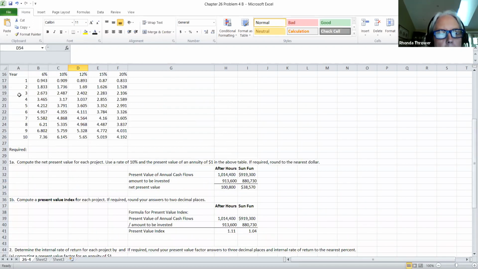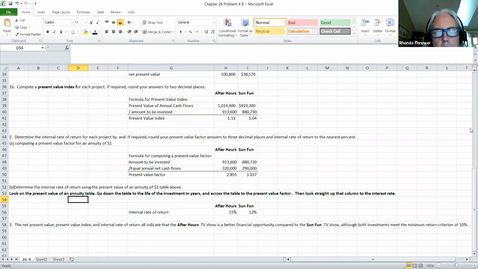So we go down the table 4 years for the life of the asset over to 2.855 and go all the way up. Do you see here where we've chosen 15%? That 15% is our internal rate of return. That's what we think that this investment is going to bring us if we actually get the annual cash flows that we've estimated.